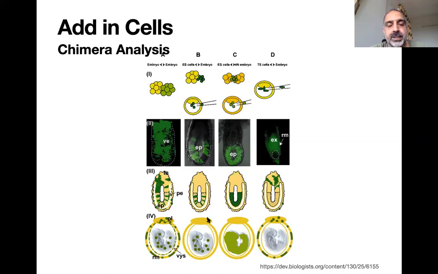Okay, and so this kind of analysis is very nice as well. You can extend this analysis by taking ES cells where a particular gene has been knocked out, and then asking, in the absence of this gene, what these cells are able to give rise to. Okay.